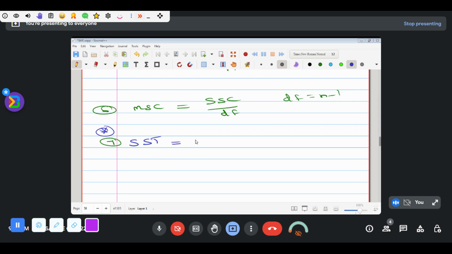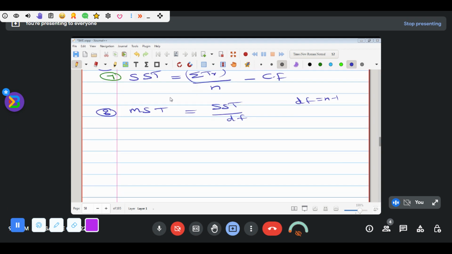That is the sum of squares of treatment squared, whole squared, divided by n, minus corrected factor. This is the formula for SST. The additional term is MST, which means SST divided by degrees of freedom. This degrees of freedom has the same formula, n minus 1.